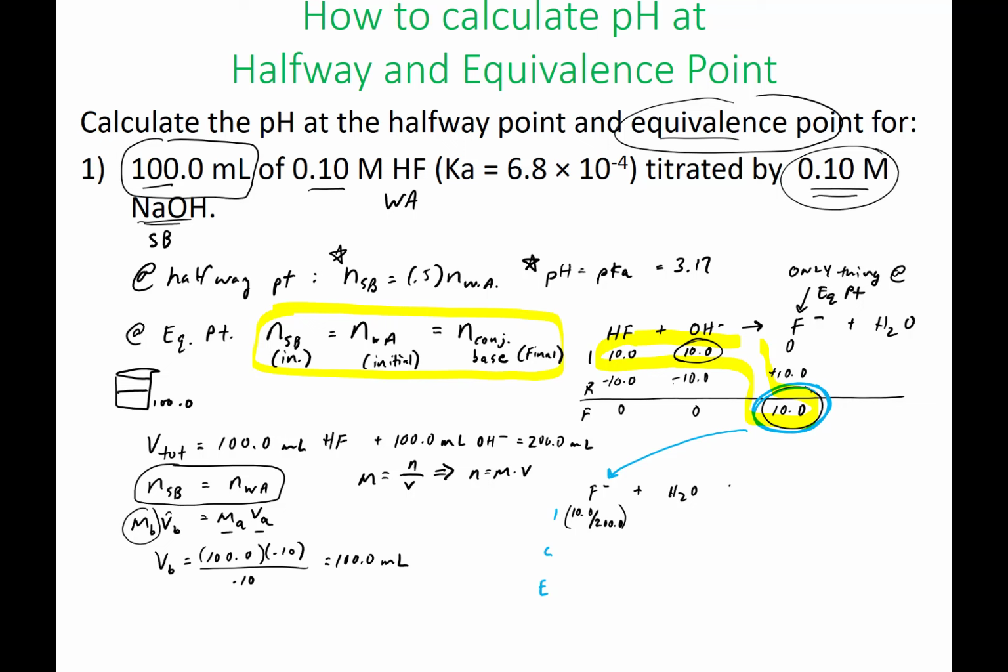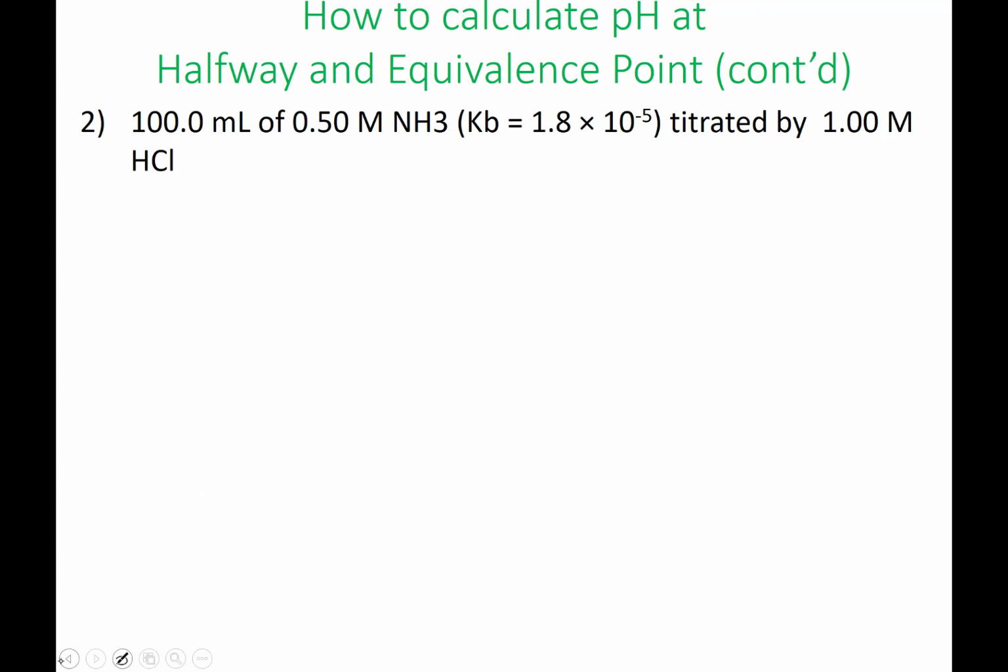And this is going to do what bases do. It's going to take some H's off of the water and make HF and OH minus. So we're going to try to get the OH on the E line here. Since we have a base, we're going to have to convert this to Kb. And just to speed things up in the video, I'm going to do Kw over Ka. So that's how I'll get this number.